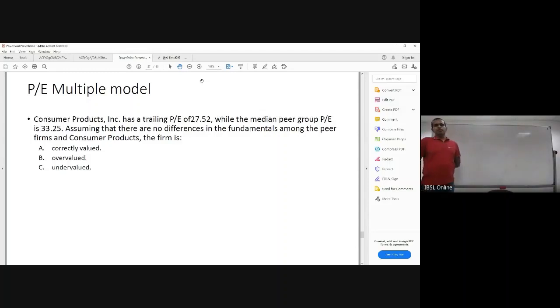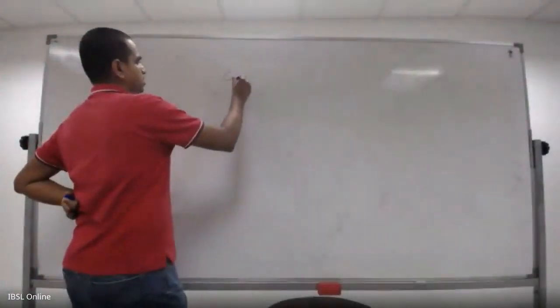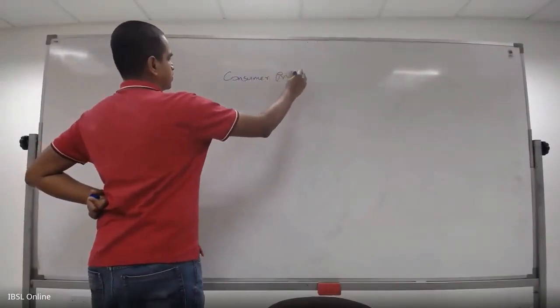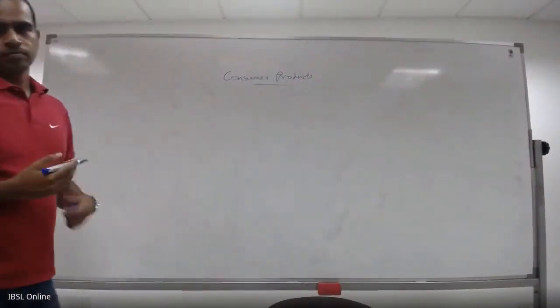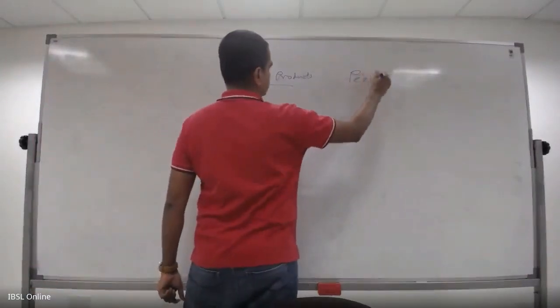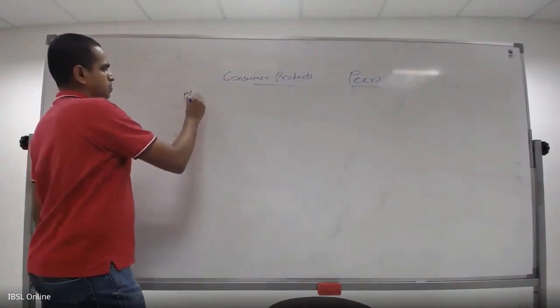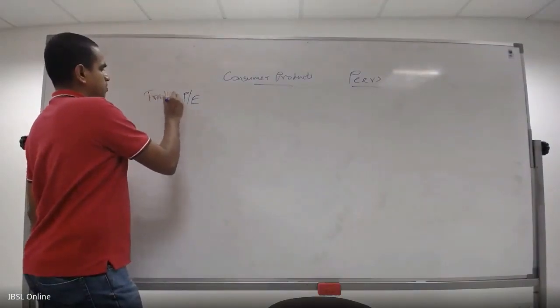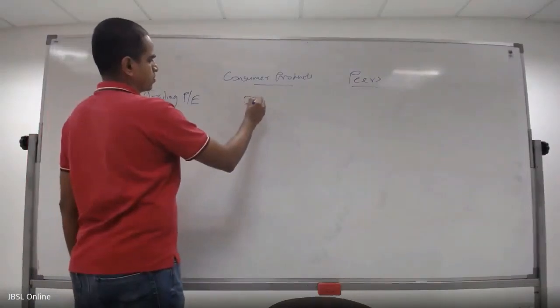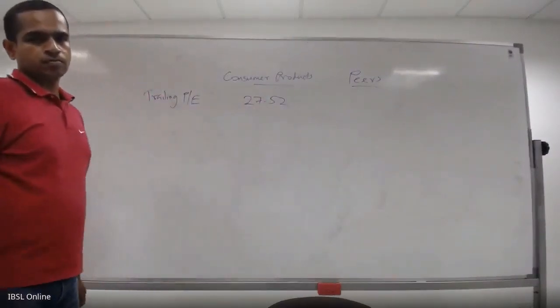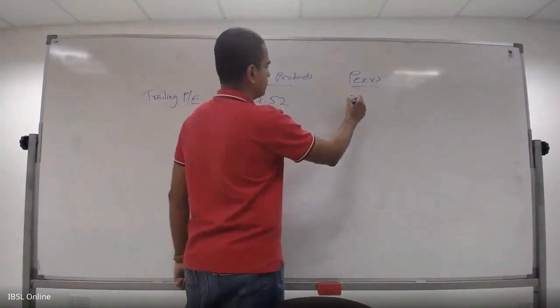Consumer products has a trailing PE of 27.52. And the peer group 33.25.